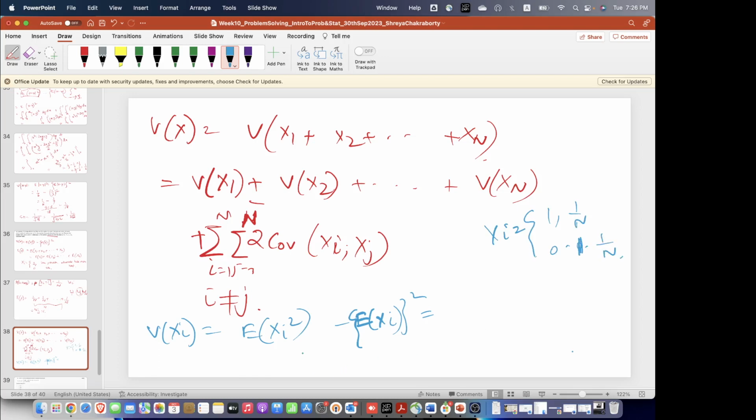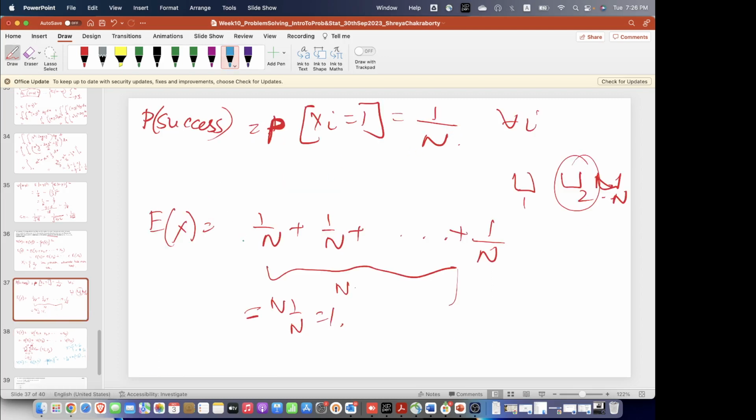The expectation of xi square will be 1 into 1 by n plus 0 into 1 minus 1 by n. The expectation of xi is 1 into 1 by n plus 0 into 1 minus 1 by n. So this is 1 by n.